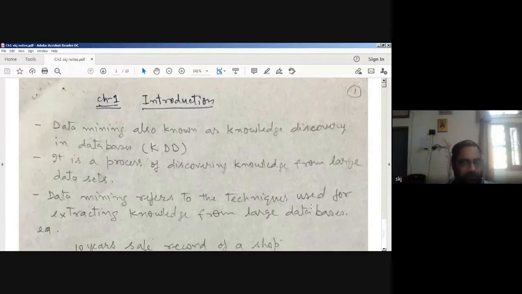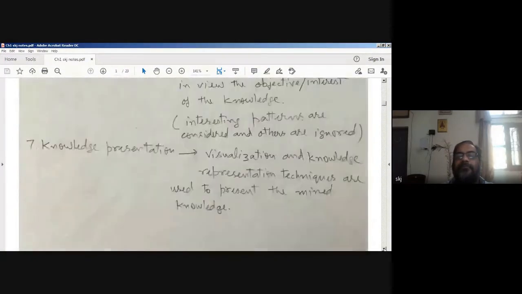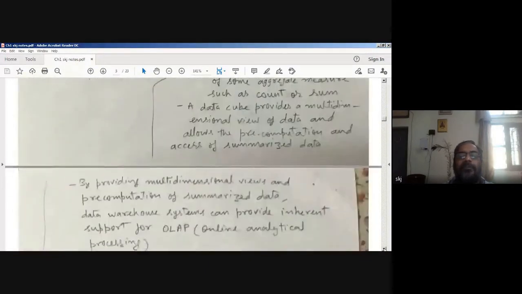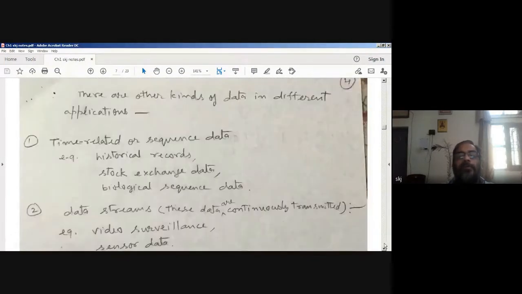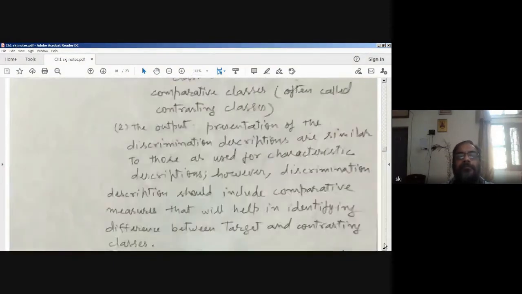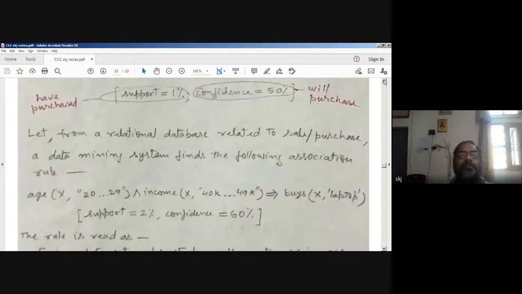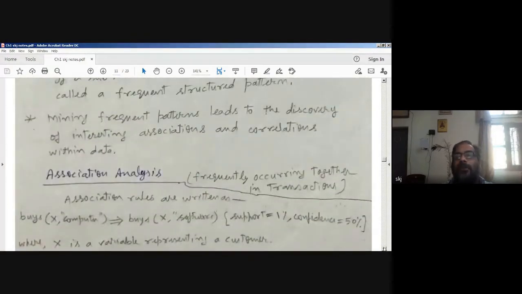So in the previous class, we were discussing this introduction chapter, and we discussed so many things. We were discussing association rule or association analysis.